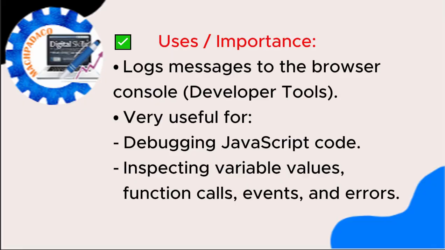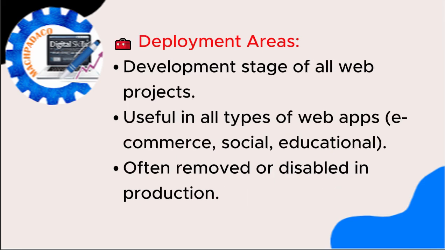Uses and importance of console.log. 1. It logs messages to the browser console, that is, the developer tools. Very useful for debugging JavaScript code, inspecting variable values, function calls, events, and errors.